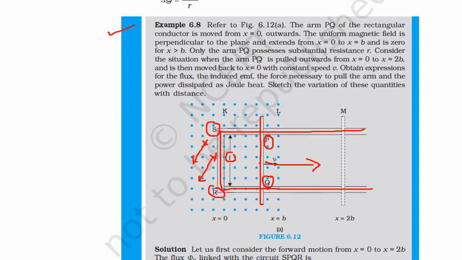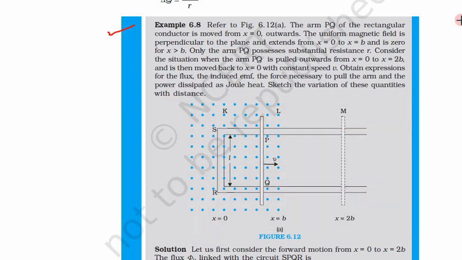So we have given three positions here. One position is where this arm is situated, which is called x equal to 0, because this is where the PQ arm will come. Now when this arm is at the boundary of this uniform magnetic field, that boundary is called x is equal to b. After that there is no magnetic field.